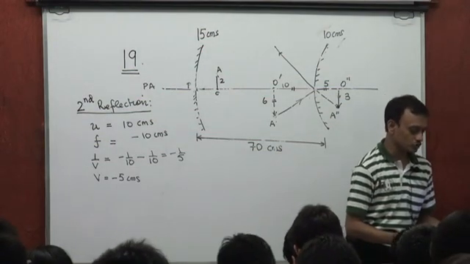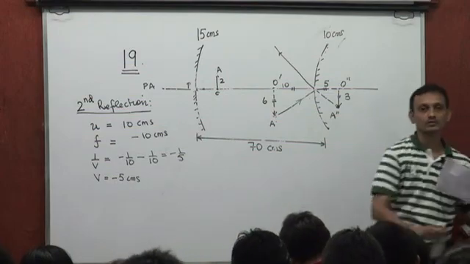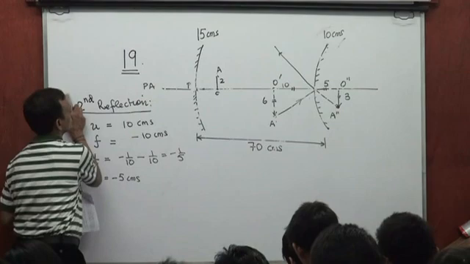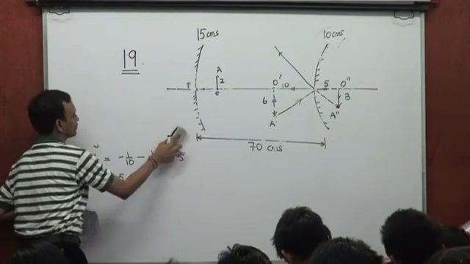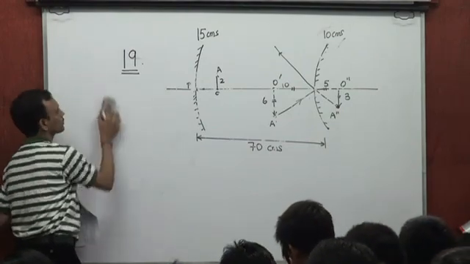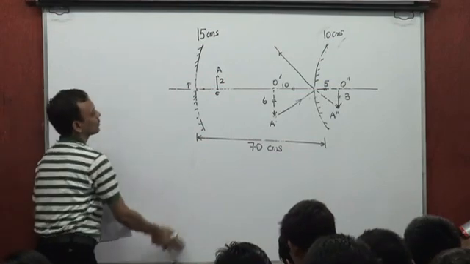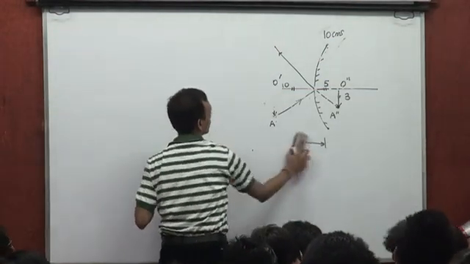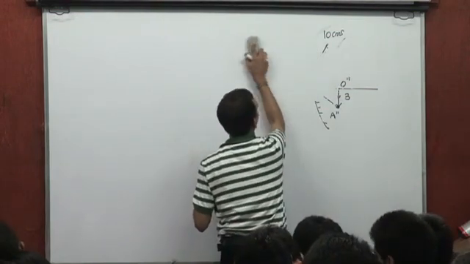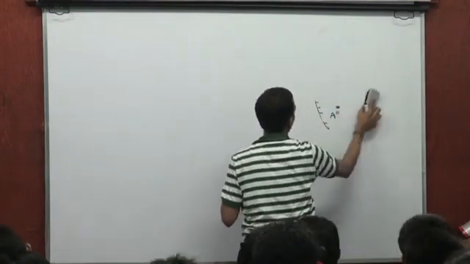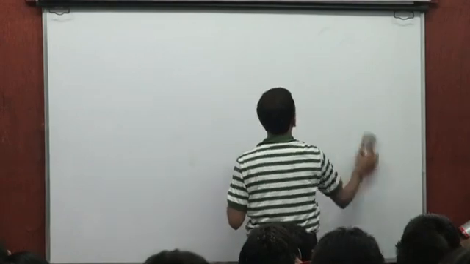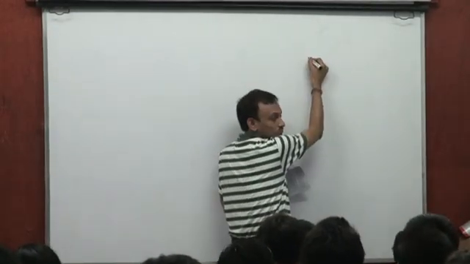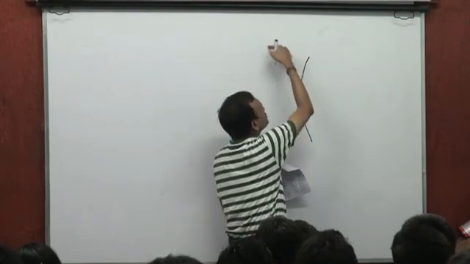Let me look at problem 20. I mean, when I say it can't be photographed, what I meant was, it could be photographed by capturing the reflected rays.